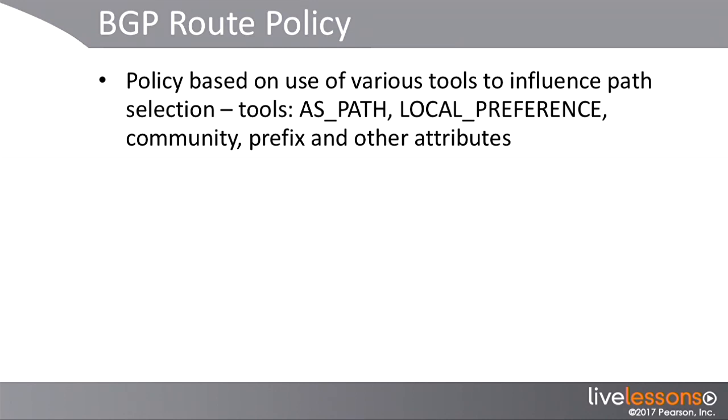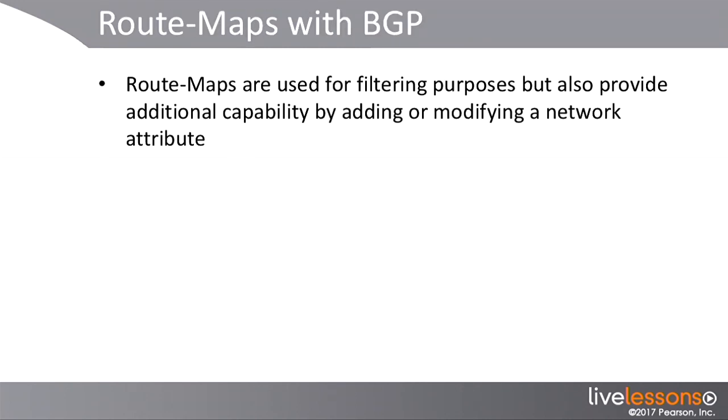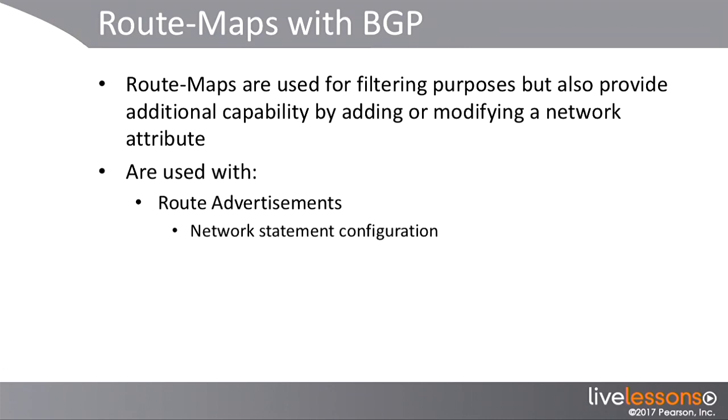We'll now see how we can use route maps with BGP. Route maps are not just used for applying attributes to the path and influencing the path selection algorithm, but also help in modifying or filtering the route policies. You can use them with route advertisements.